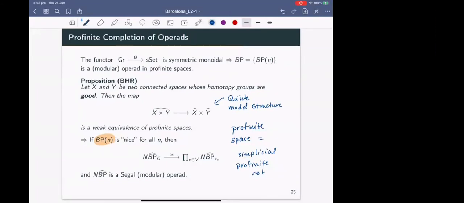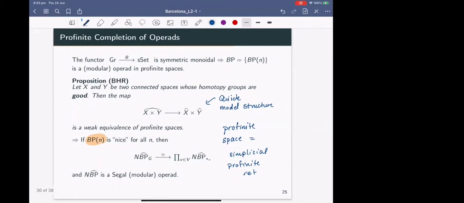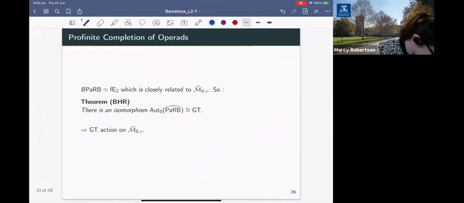Thanks. Yeah, no problem. So, going back to where this comes from, our motivation is that when we look at the classifying spaces of parenthesized ribbon braid operads, these little groupoids, these are nice spaces.